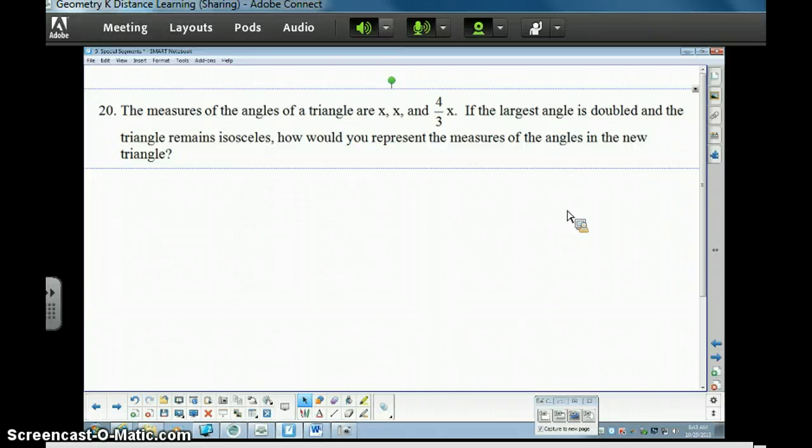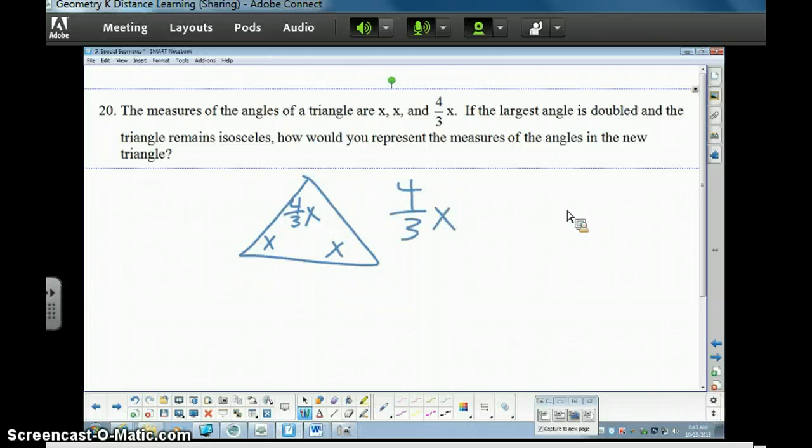So if we've got x, x, and 4/3 x, if we're going to double the 4/3, 4/3 x would become 8/3 x. If we're going to double the 4/3, we have to make up for it by halving our other two angles. Does that make sense? We have to compensate for doubling that vertex angle because we want to make sure that we're still isosceles.